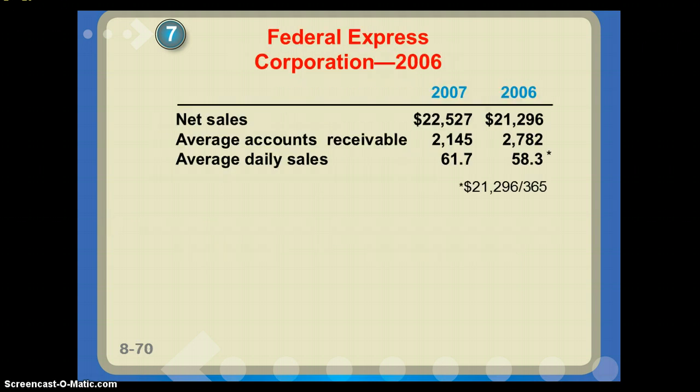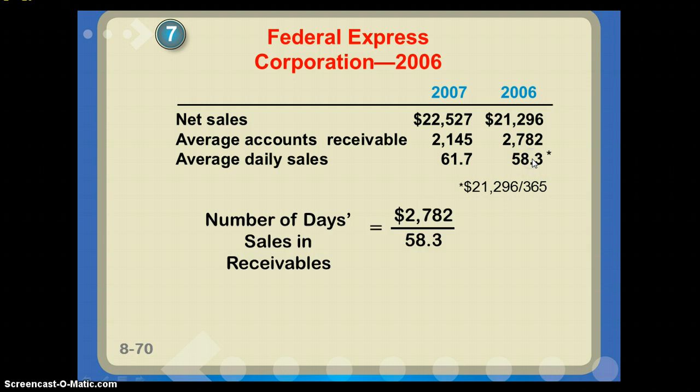So we have an example here, FedEx in 2006. Remember that the formula is average accounts receivable, which is given to us. We calculated that on our previous slide, divided by average daily sales. Average daily sales, we take our net sales divided by the number of days to get our average daily sales.